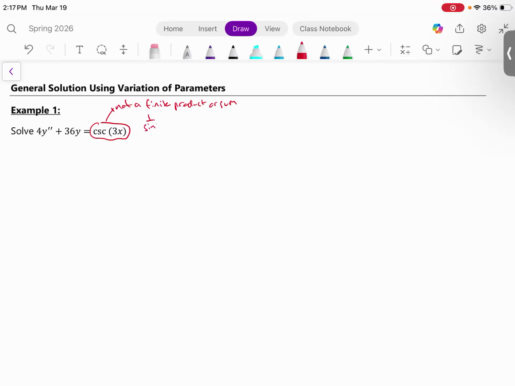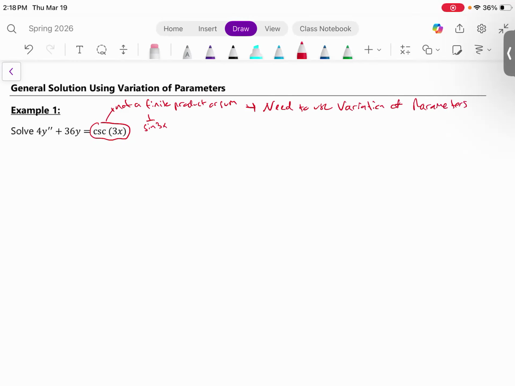It's the same as 1 over sine 3x, which is not a product, it's a division. So here, I would need to use variation of parameters. So here, I'll put an arrow: need to use variation of parameters.